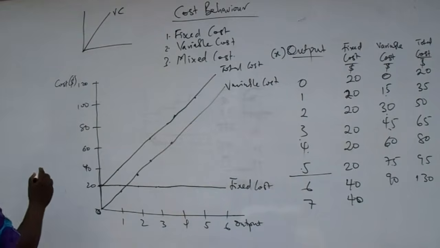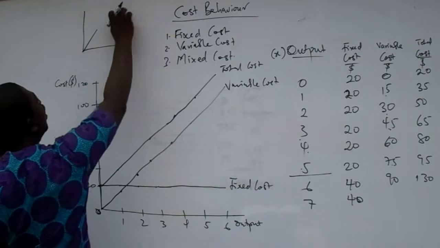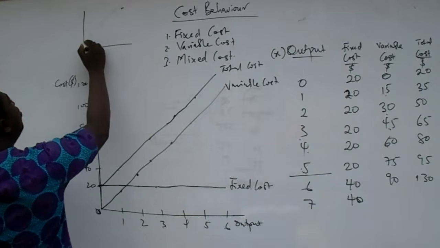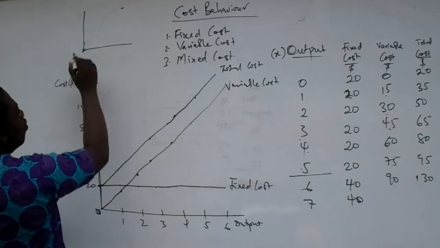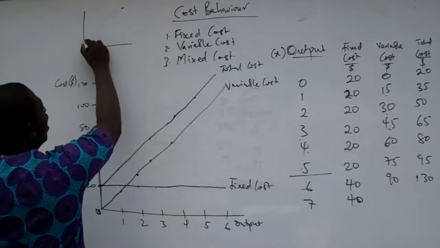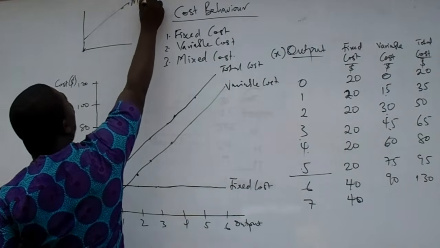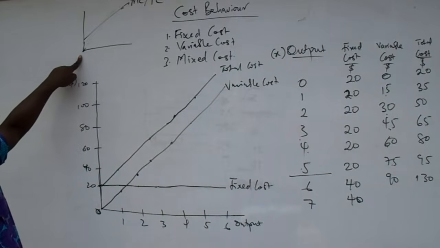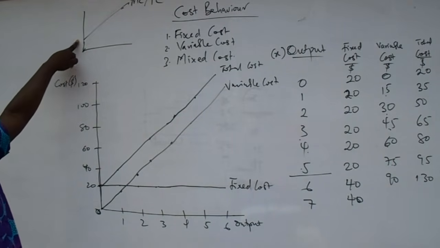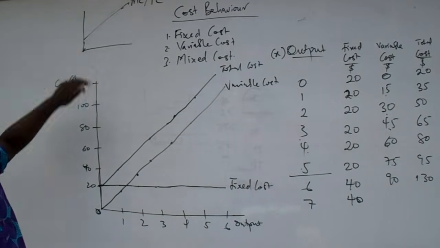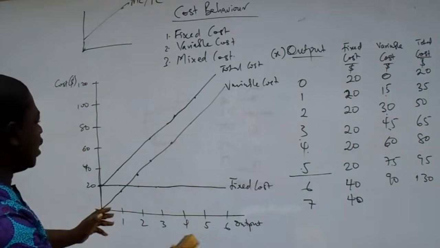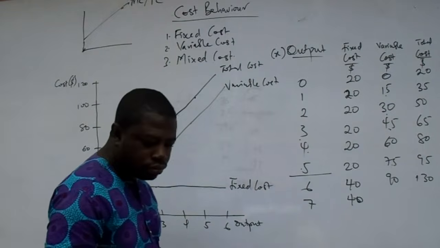On a typical graph, it will not begin from the origin like that of the variable cost. It will begin from somewhere here, because it doesn't begin from 0. In other words, even when we are not producing, we are incurring something. That is the meaning of the total cost. And this is how we represent this cost behavior graphically.